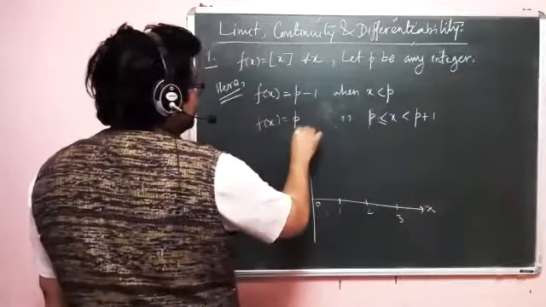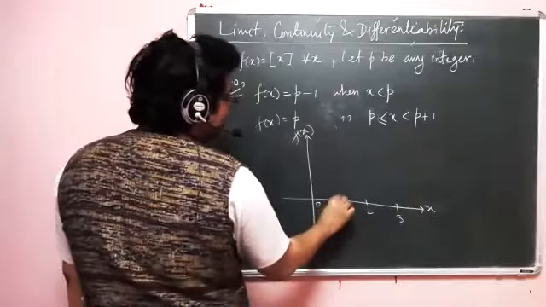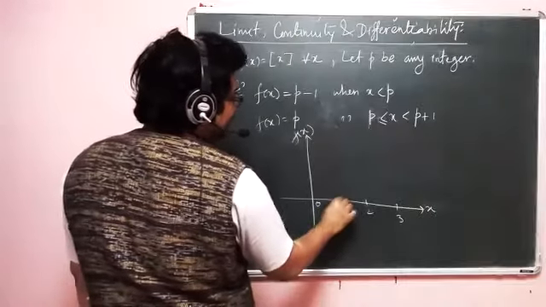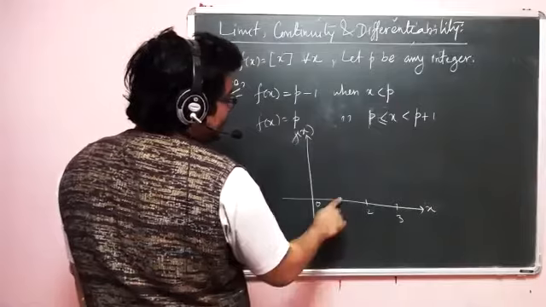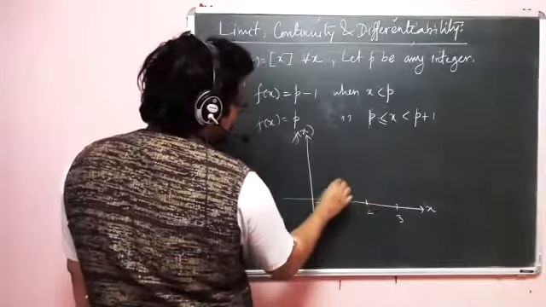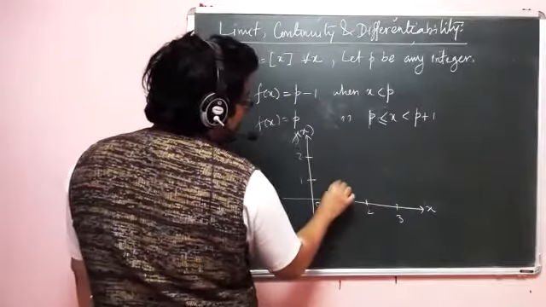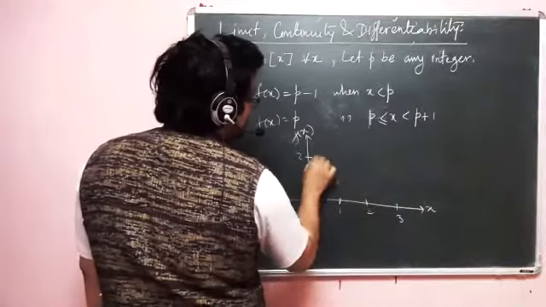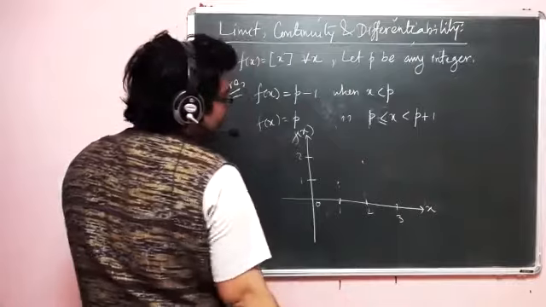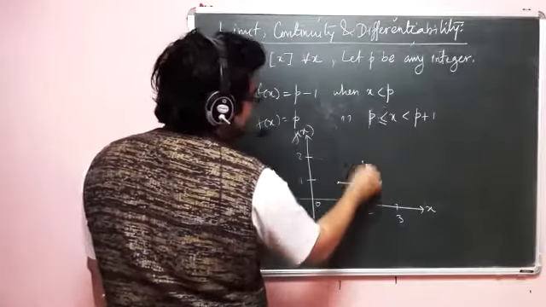Let's make it simple. So when x is 1, it is 1, and when it is 2, it is 2. But as long as it is not 2, if x is 1. Right? Sorry.